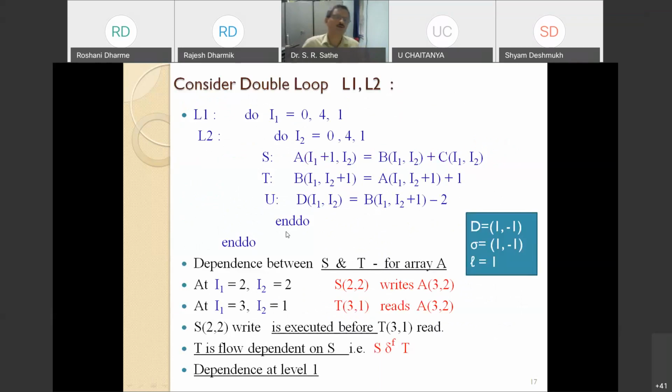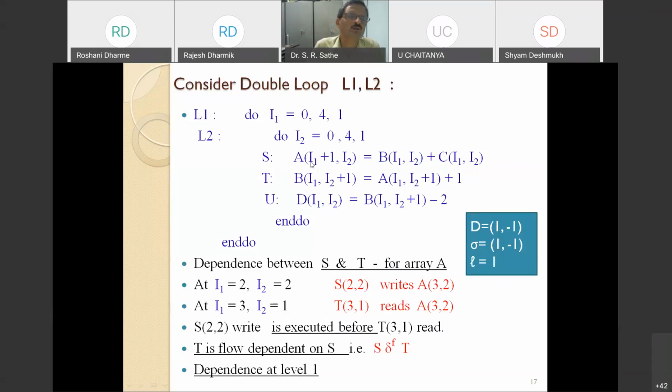and again go back several 2-3 slides back. So consider this double loop. So in this case, let I1 be a value of 2 and I2 has a value of 2. So S(2,2) means S with a value of I1 2 and I2 2 writes A[3][2].